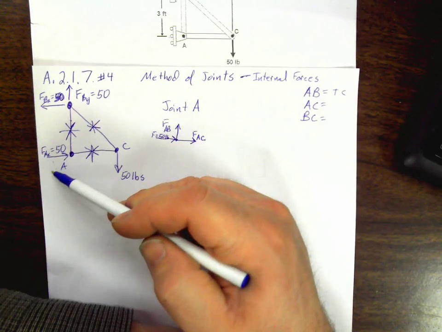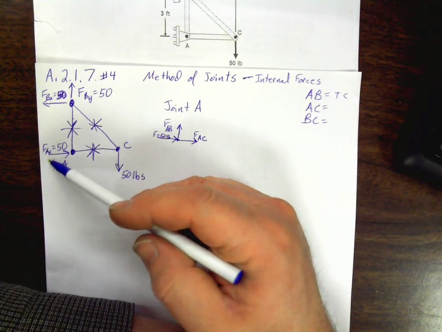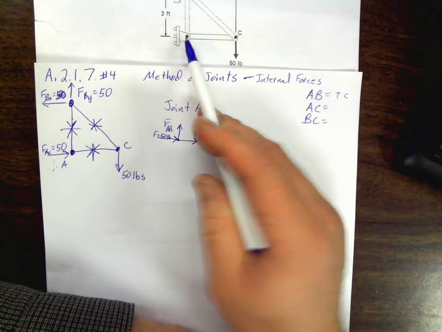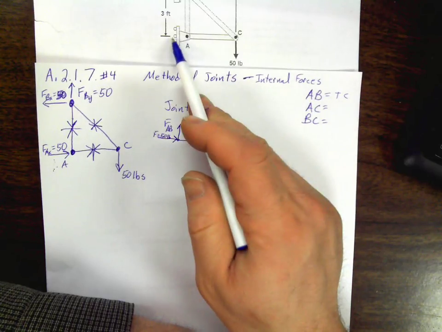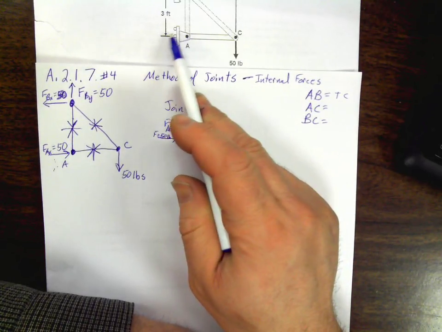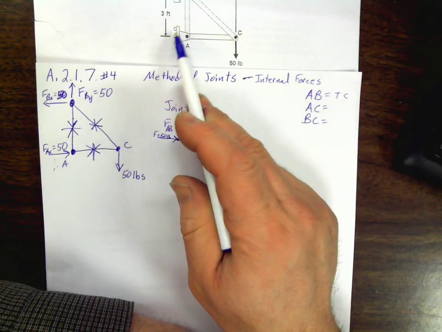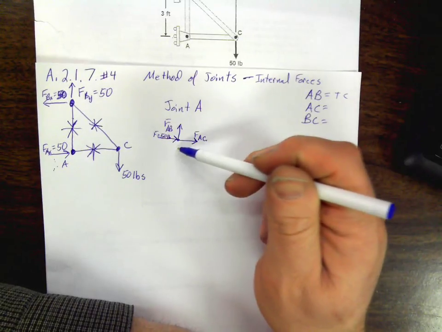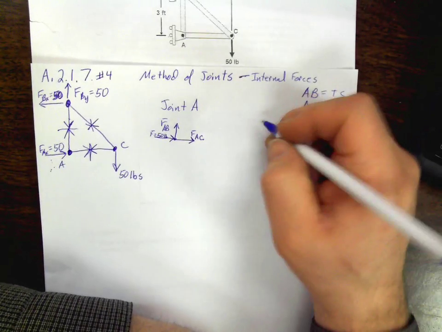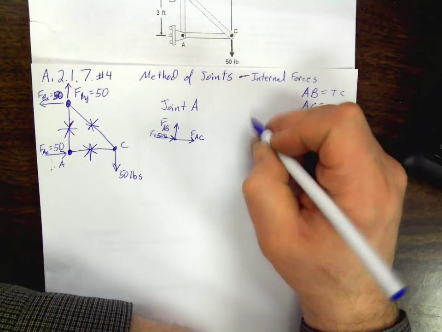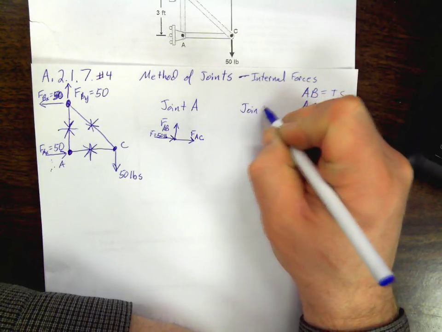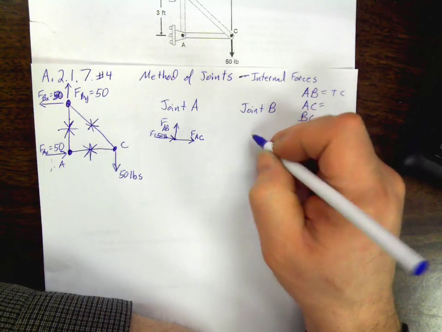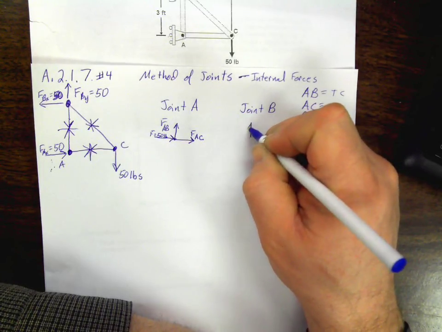So that's joint A. Now we do our free body diagram here at joint B. We've got the force of BY, which we know to be 50 pounds from earlier. We've got the force of BX, which is 50 pounds. We determined that earlier. We've got the force coming at an angle here. This is the force of BC.